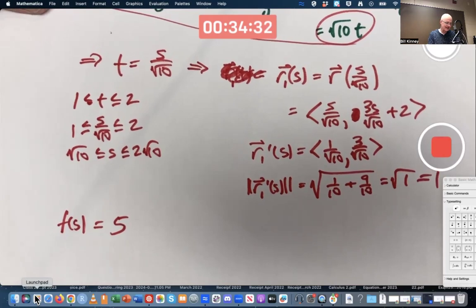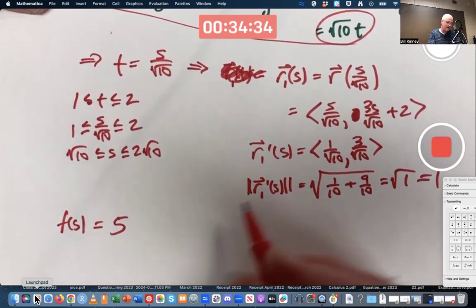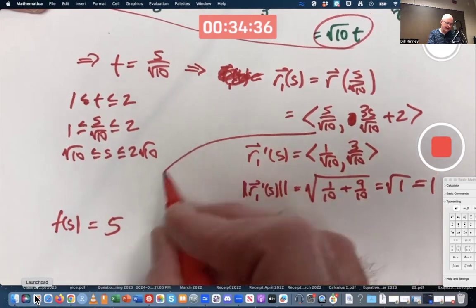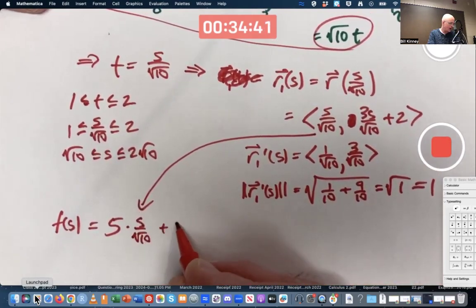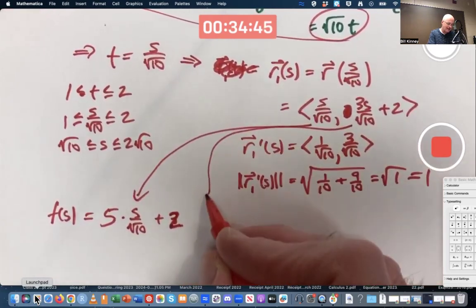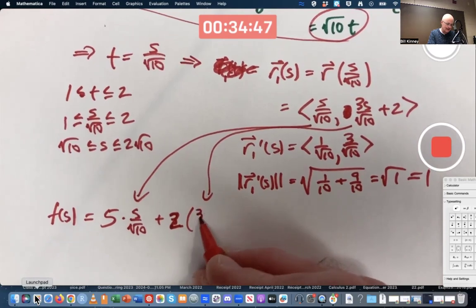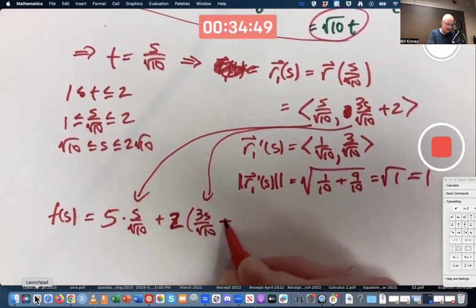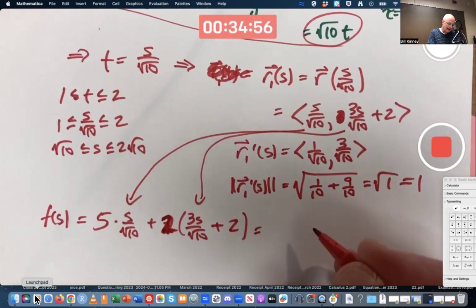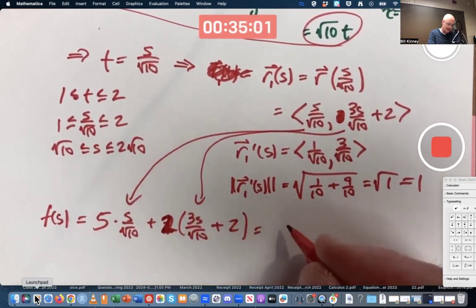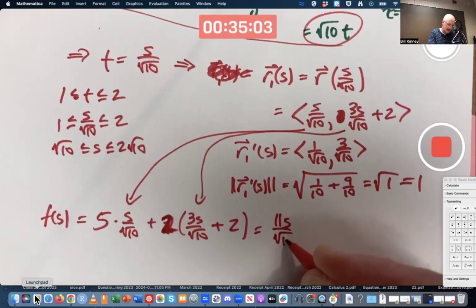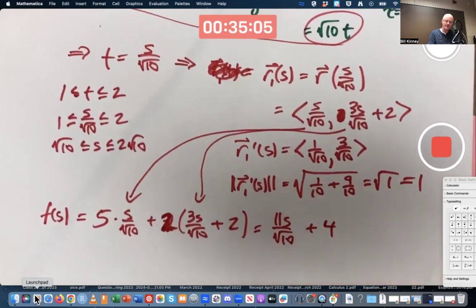So I'm going to replace in the formula for f, x with s over square root of 10, and y with that. In the end, if you simplify this, you get, let's see, 2 times 3 is 6, plus 5 is 11. 11s over square root of 10 plus 4, it looks like.